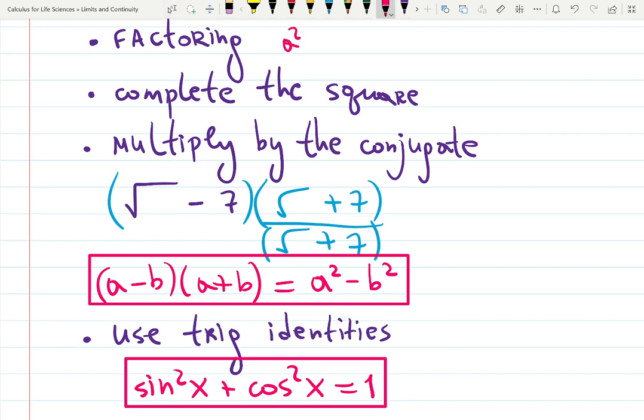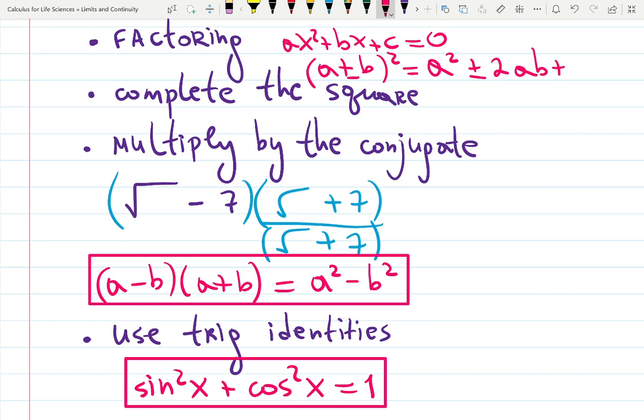So ax squared plus bx plus c equals 0, those things, and the quadratic formula. So that is going to be important. And also important, a plus or minus b squared, the first plus or minus 2ab plus c squared. This one we also reviewed on Friday. So you will see we're going to be doing them right now.